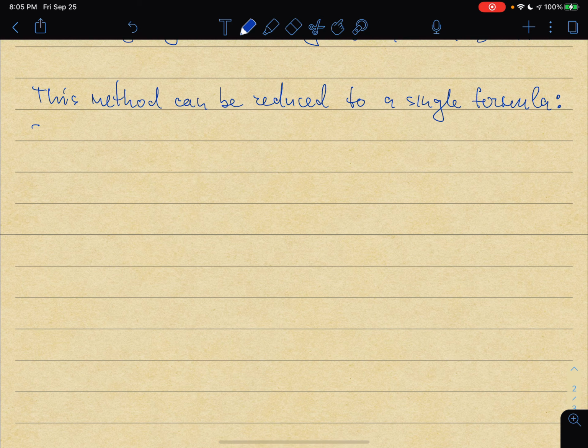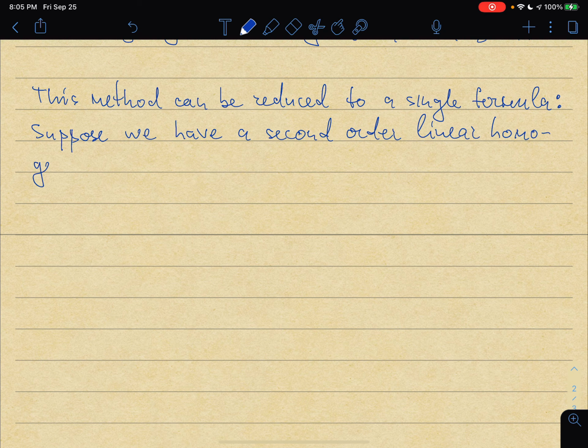Suppose we have a second order linear homogeneous equation in a normal form.